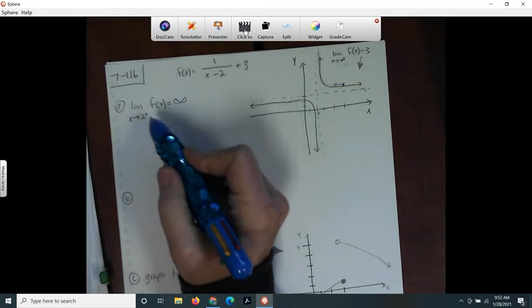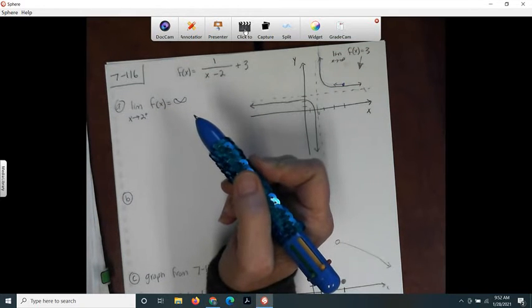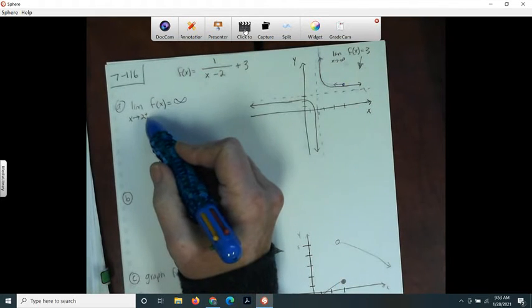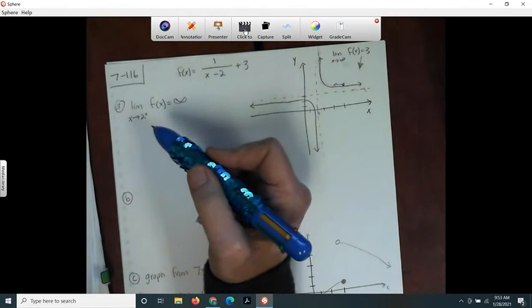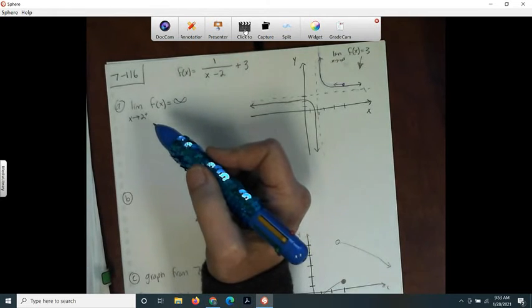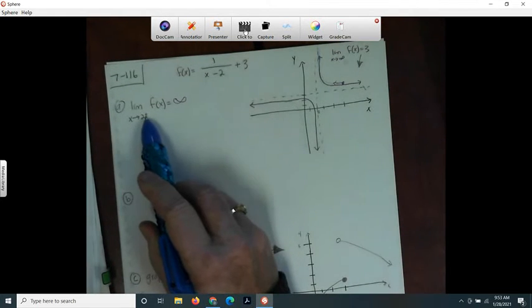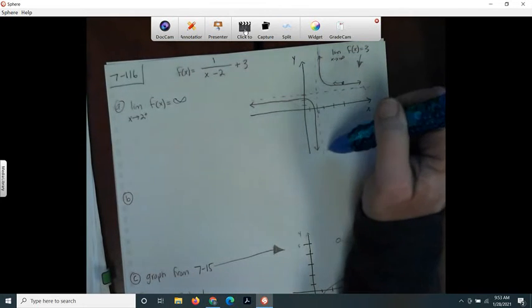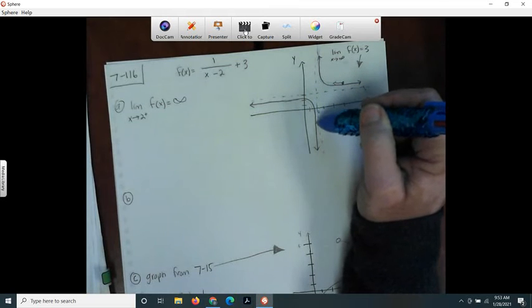It says, what do you think it means? Well, it means that she's approaching from the right, not from the left. This is called a one-sided limit. What do you think it means if there's a minus sign instead of a plus sign? So what if I replace that with a minus sign? Well, that means she can approach 2 from the left.